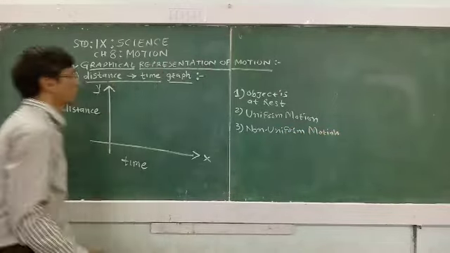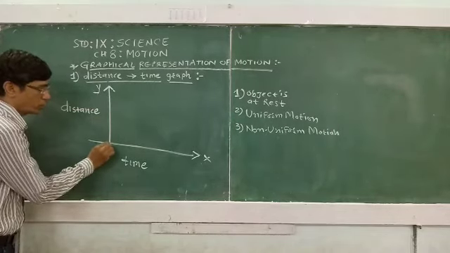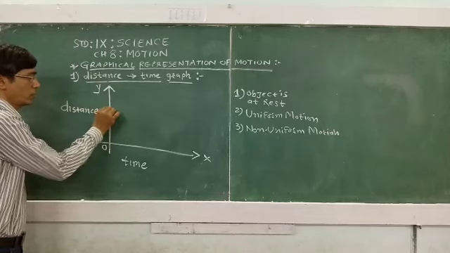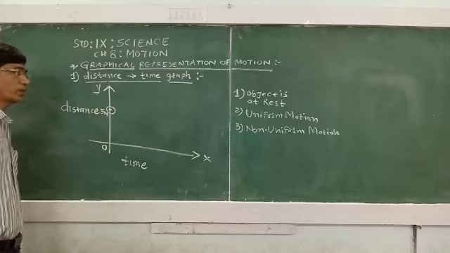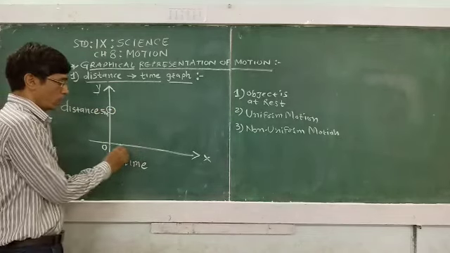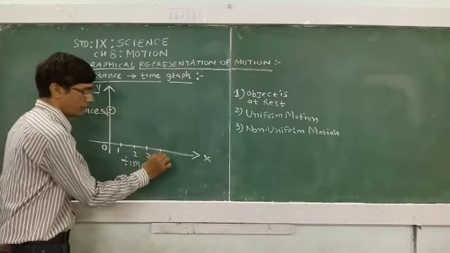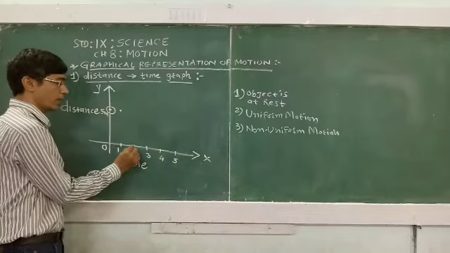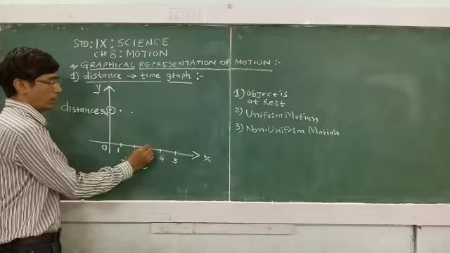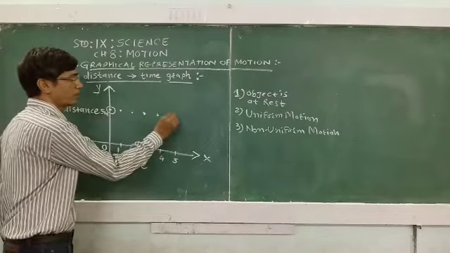First, the object at rest. That means the object's position does not change. Suppose at t equal to 0, the object is at a distance of 5 meters. As time increases, 1 second, 2 seconds, 3, 4, 5 seconds, the object's position remains the same.